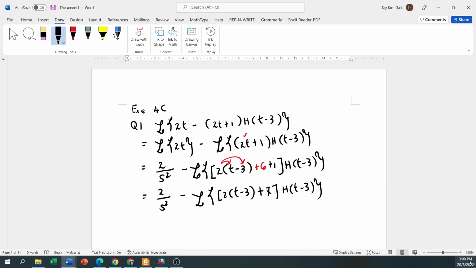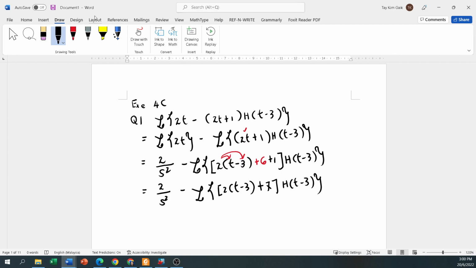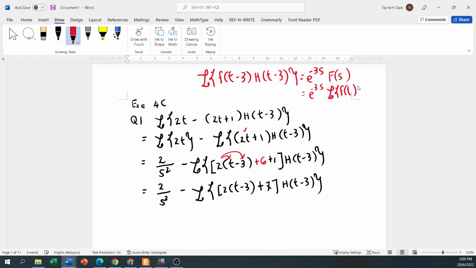So now you have the form of the Laplace transform of f(t - 3) h(t - 3). The result should be e to the power negative 3s times F(s), where F(s) is actually the Laplace transform for f(t). And here, 2 over s squared.